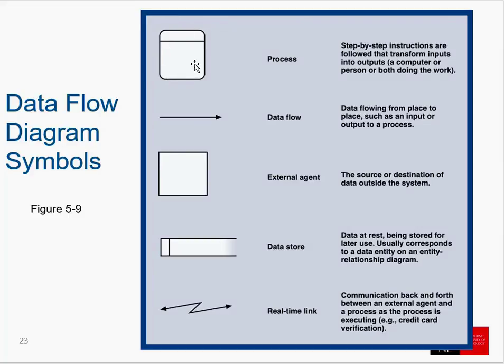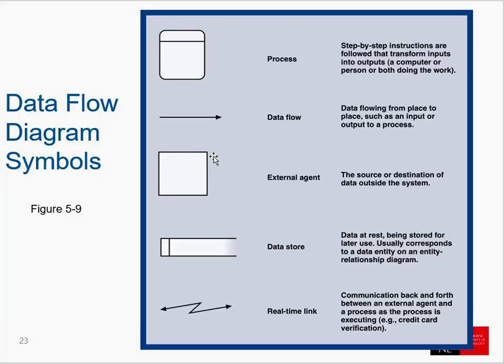Then we have the so-called data flow. With this arrow we show the flow of data. This arrow represents the data movement among the processes, data stores, and the so-called external agent, which is represented in this box. This symbol is the external agent.